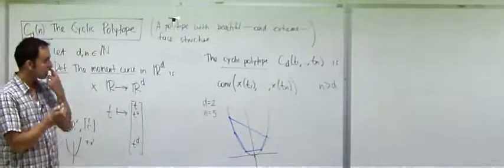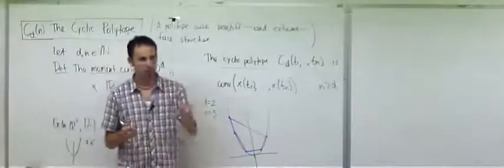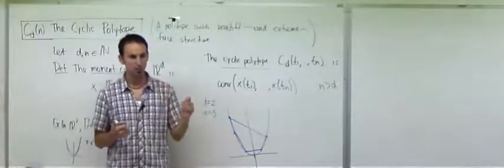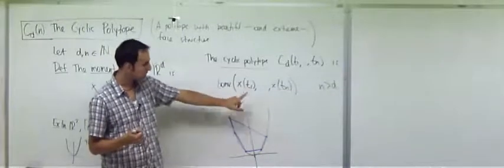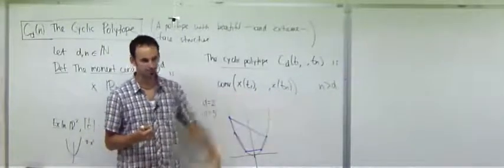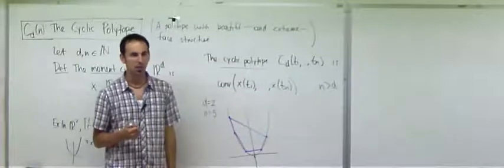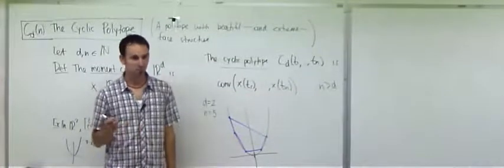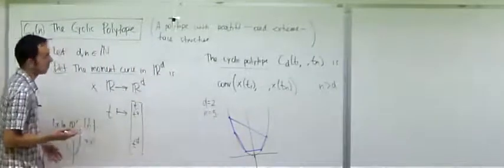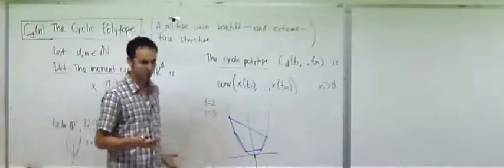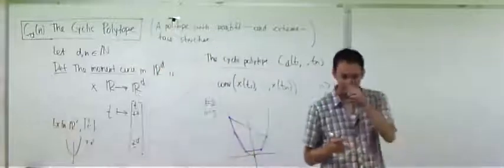But the interesting statement is that for any values of n and d, the combinatorics of this polytope doesn't depend on what points you chose. And that's what we're going to show, and that should be very surprising to you. I have no idea a priori why that's true, but it is true that if I choose n different points, you're going to get exactly the same combinatorics.